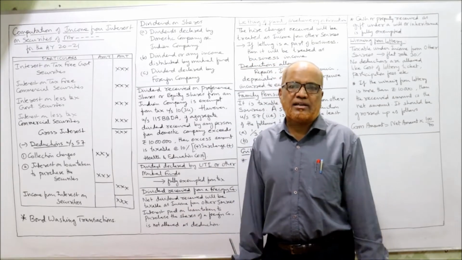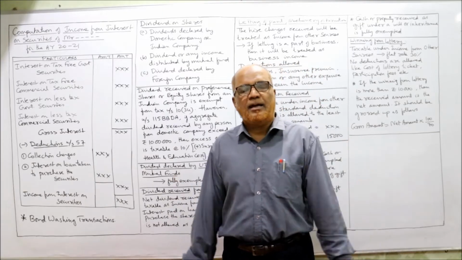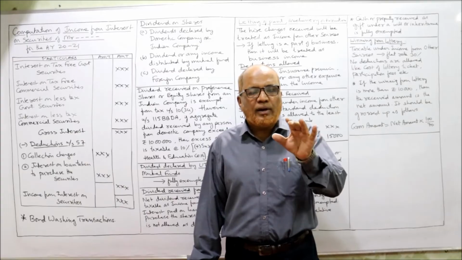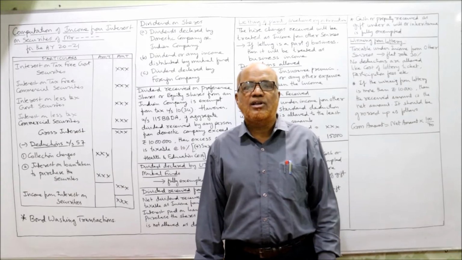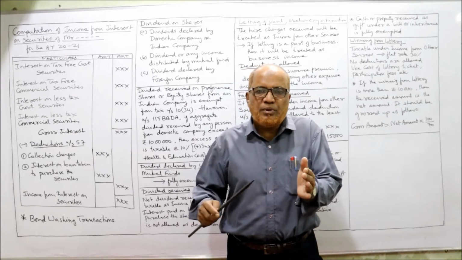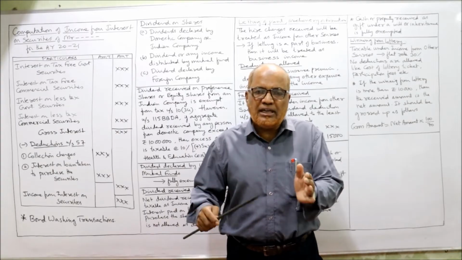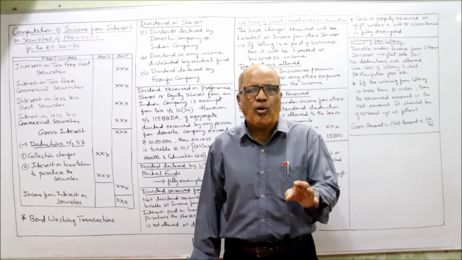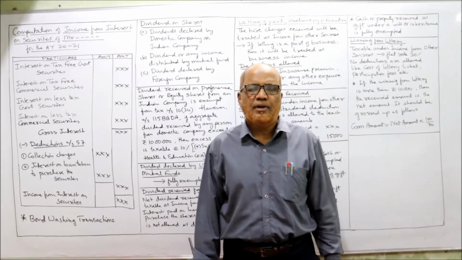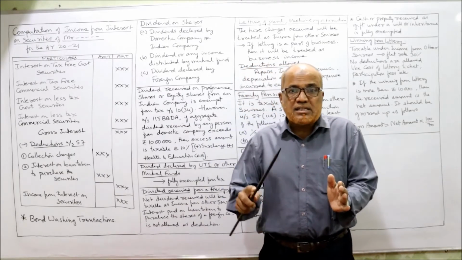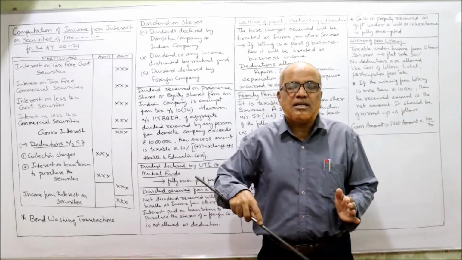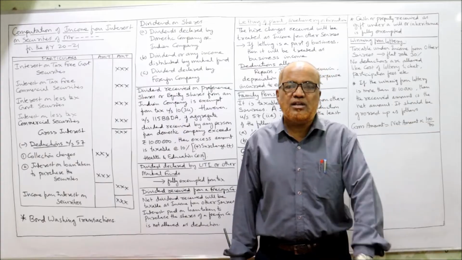For example, Mr. X is in a high income tax bracket. In order to reduce his tax liability, just before the year end he transfers his security to another person who has no income or very low income, just to avoid the tax. After the year ends, he takes back that security and transfers it in his own name.